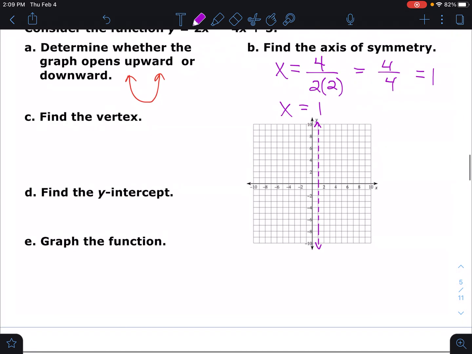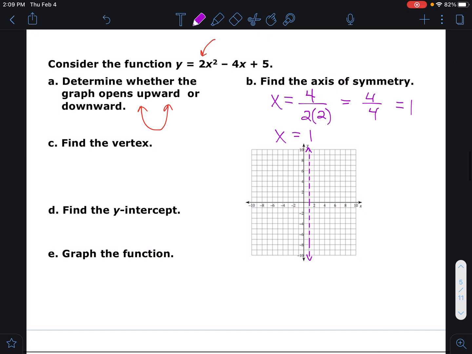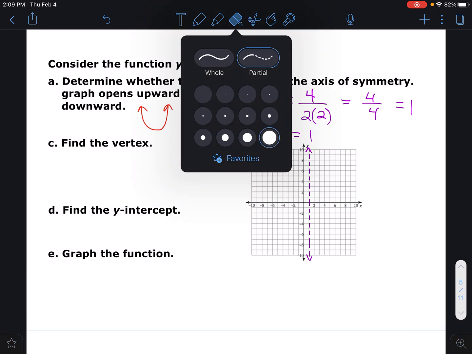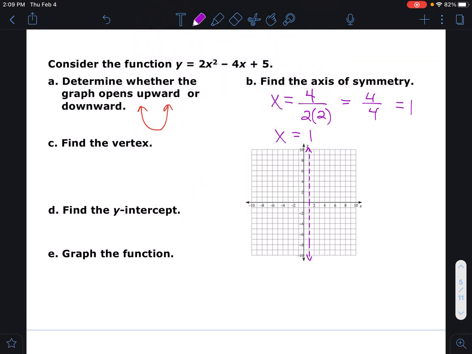Okay, the vertex. Now, what am I going to do to find the vertex? Once you know what the axis of symmetry is, you know the vertex is on that same line. So this means I'm going to put 1 in for x. So y equals 2 times 1 squared minus 4 times 1 plus 5.